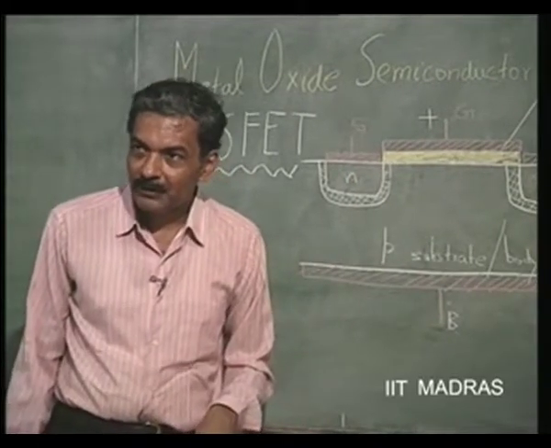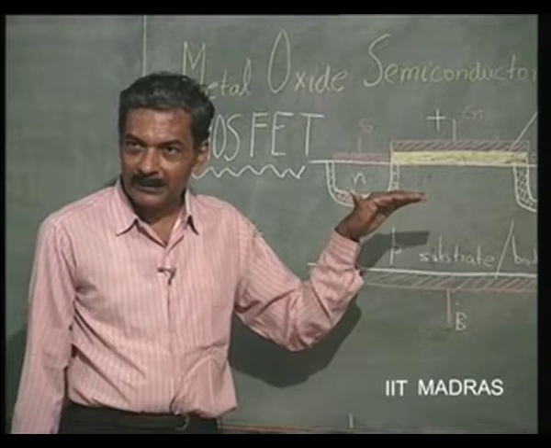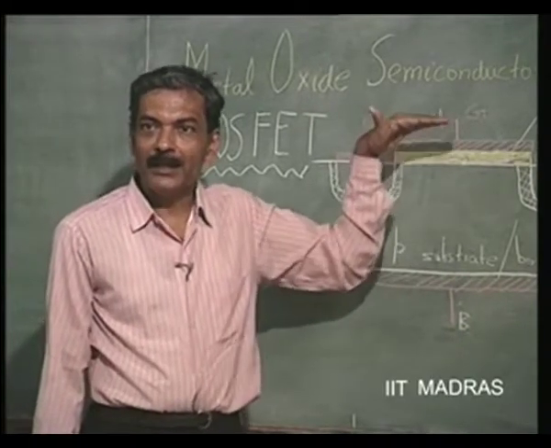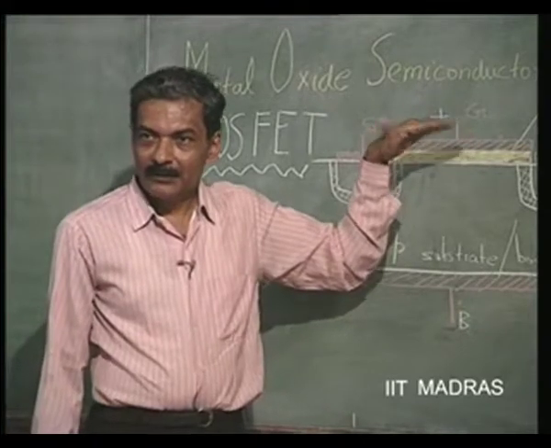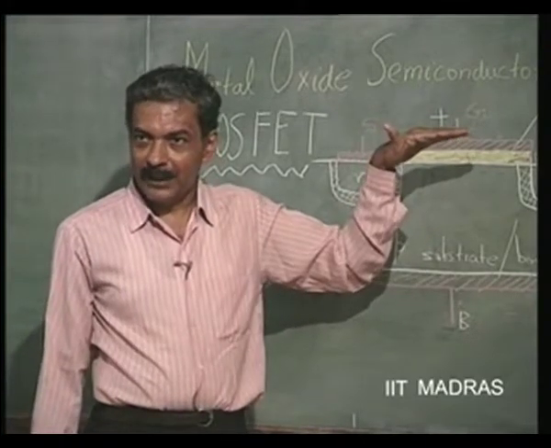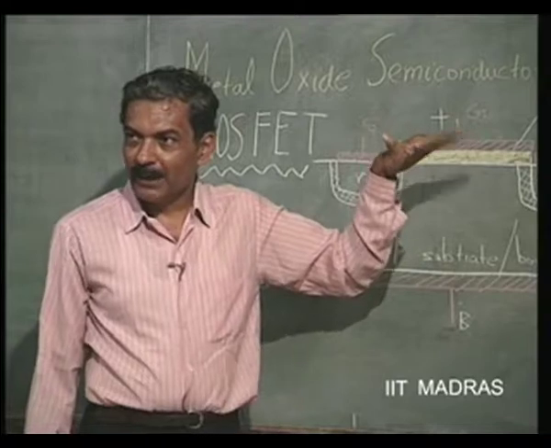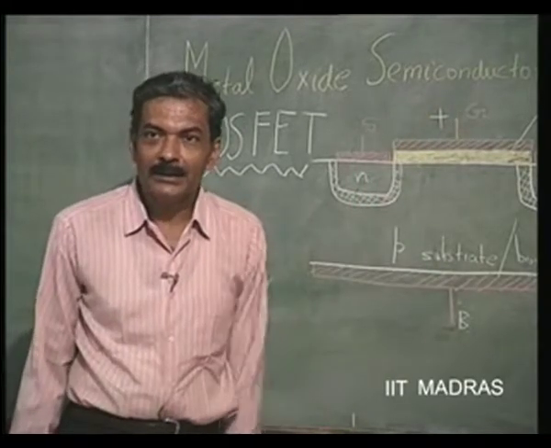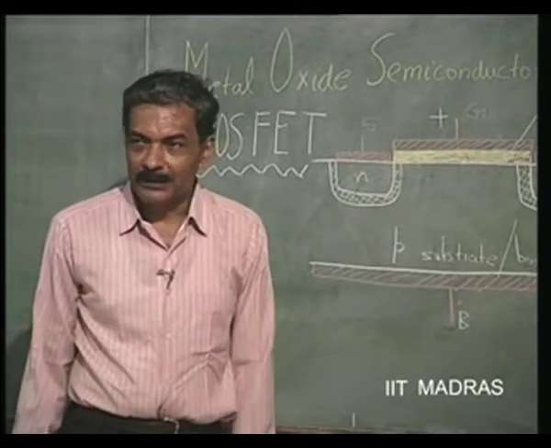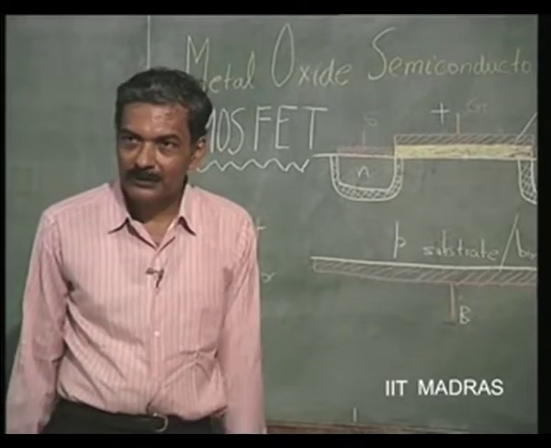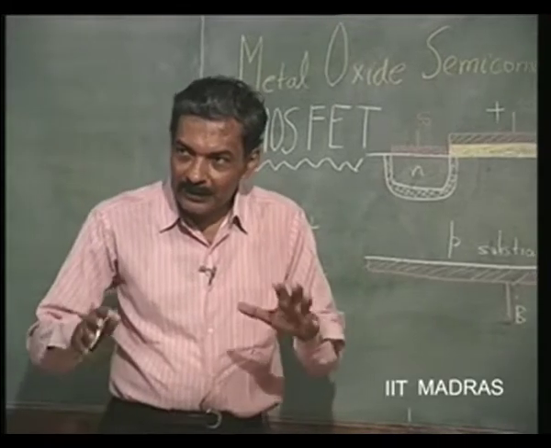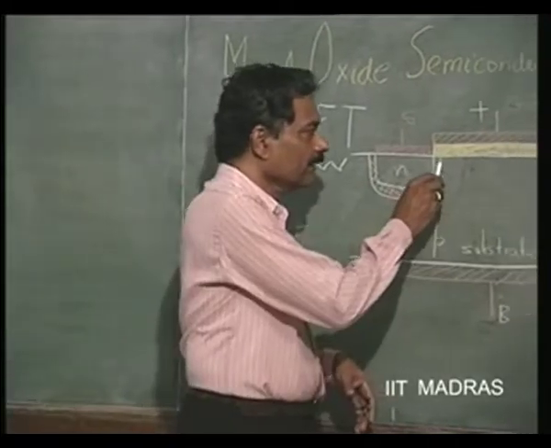Most of the mobile charge carriers which are electrons have been already attracted towards the surface. Further increase in negative charge can occur only by uncovering certain of the immobile negative charges, and that is done by driving away the holes. That way you are inducing charge here. Okay.